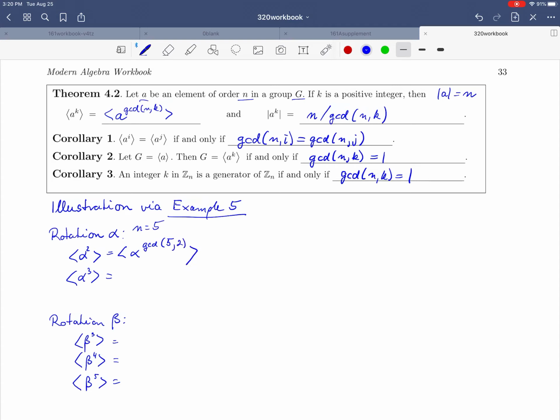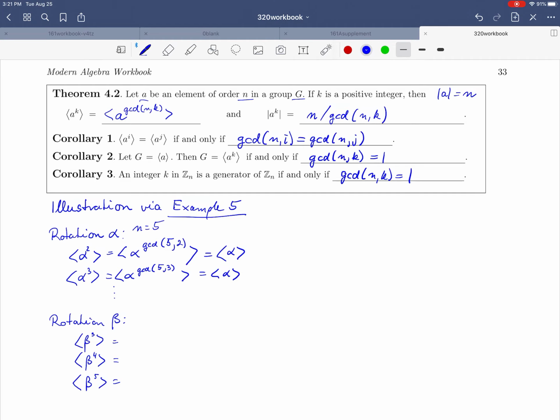The greatest common divisor between 5 and 2 is 1, so the cyclic subgroup generated by alpha squared is the same as the whole group, the one generated by alpha itself. Same with alpha cubed: that's alpha raised to the GCD of 5 with 3, which is also 1, so we also have alpha.